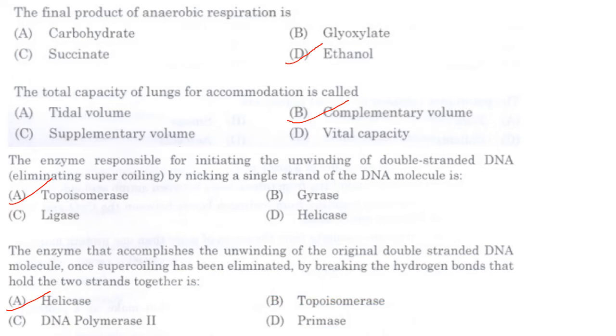The total capacity of lung for accommodation is called. This is also a repeated question and I have explained it in the previous question paper. The answer is complementary volume. Answer option B. The enzyme responsible for initiating the unwinding of double-stranded DNA, eliminating supercoiling by nicking a single strand of the DNA molecule is?